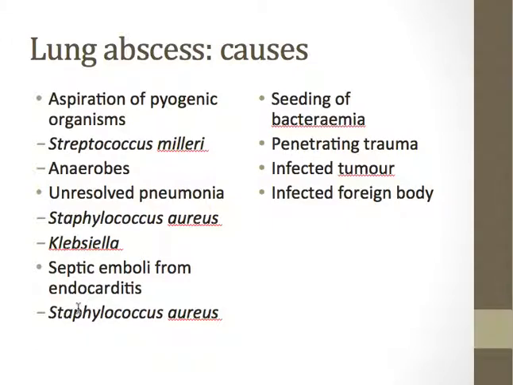The Staph aureus seeds to their heart valves and then embolizes into the lung. You can get seeding of bacteremia of any cause to the lung tissue, and also, of course, penetrating trauma. Tumours can become secondarily infected, and you can have an abscess as well as a tumour, and if there's a foreign body left behind, then that's a seed point for infection to occur.